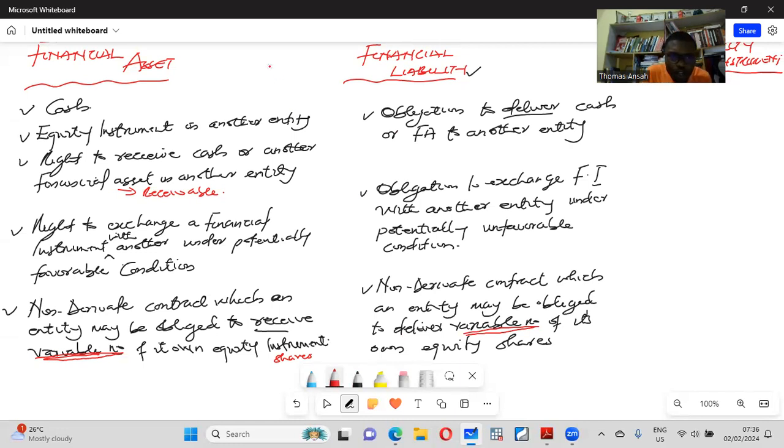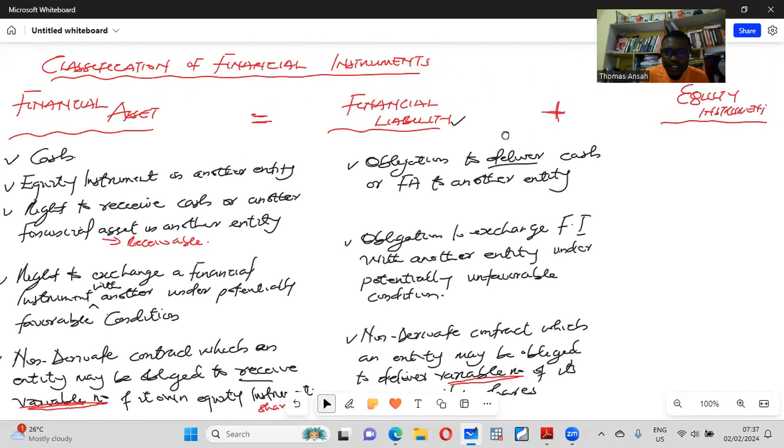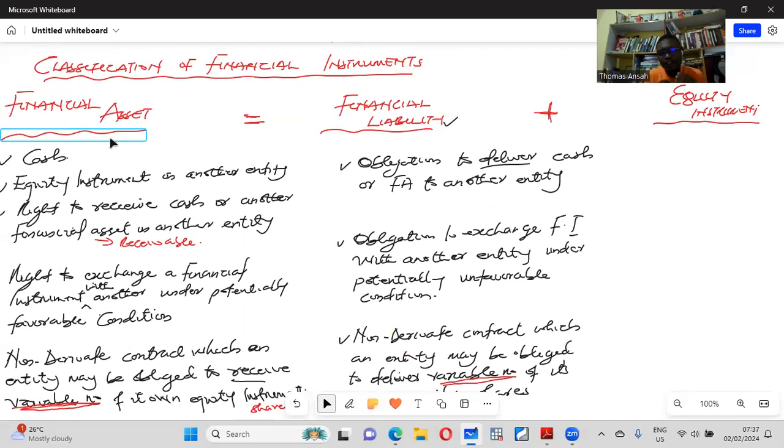Now, bear in mind what we are doing. The issue is not about a financial asset. We don't have a problem with the financial asset. But sometimes it is how to break the tie on this side. Will it be financial asset equal to liability, or financial asset equal to equity instrument?